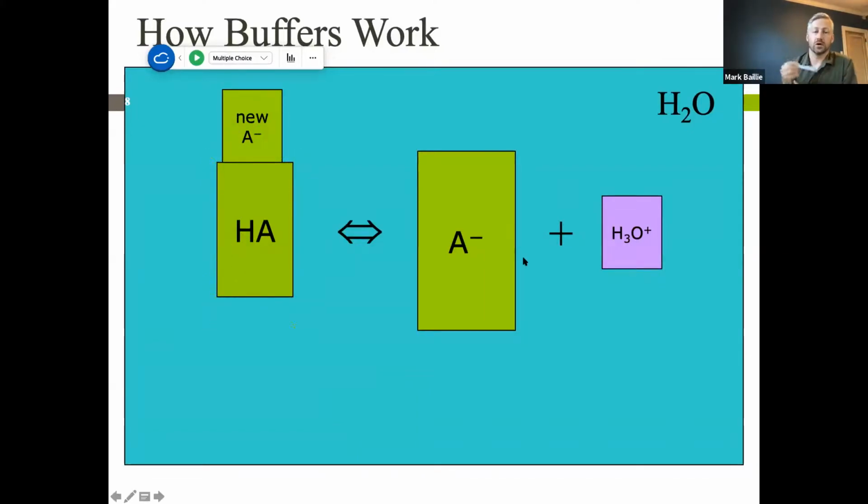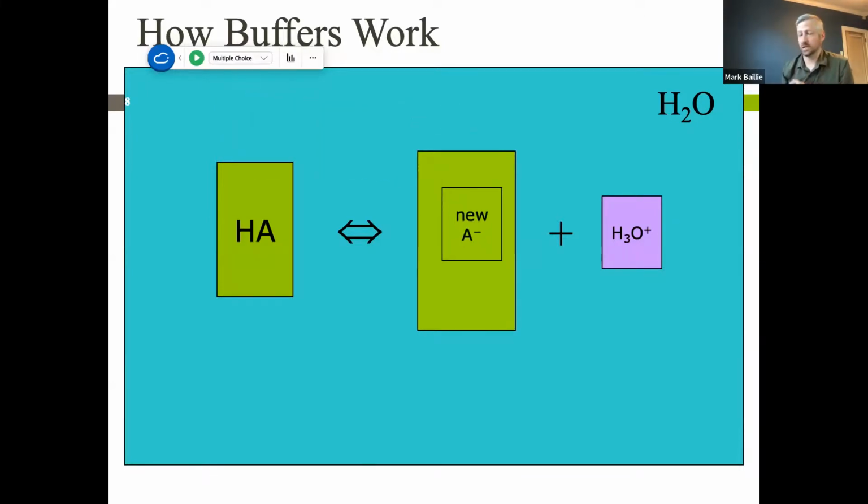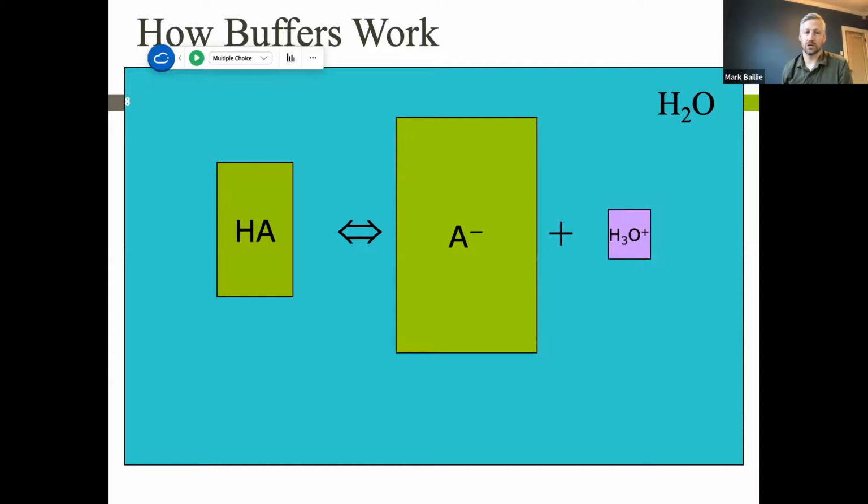Every single OH minus that reacts with an HA forms water, which I'm not showing because it's everywhere here, plus it releases an A minus. Every single OH minus creates one conjugate base. And then if we want to show that as an equilibrium, what's on which side, right? We can say that we took some of the weak acid, converted it to the conjugate base.